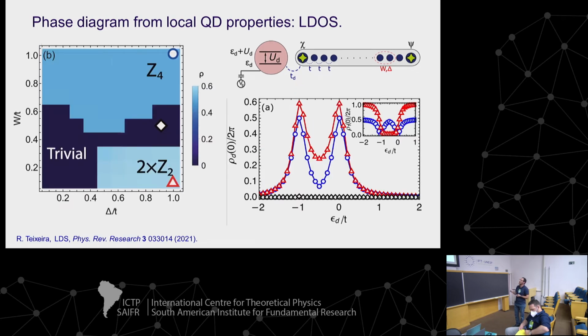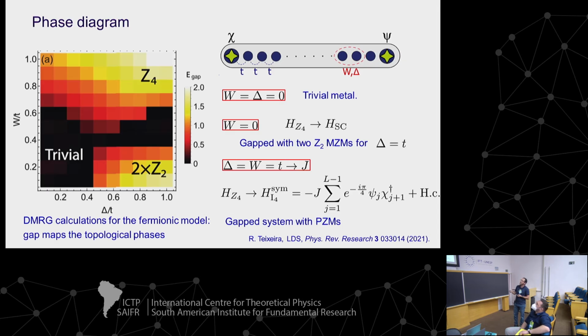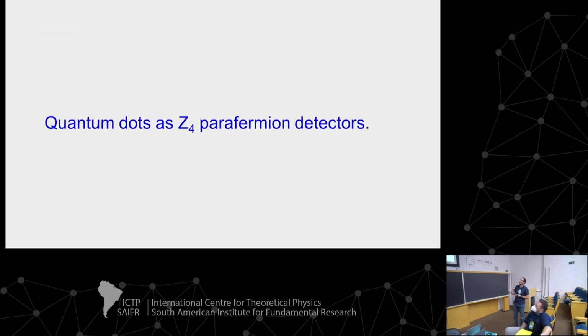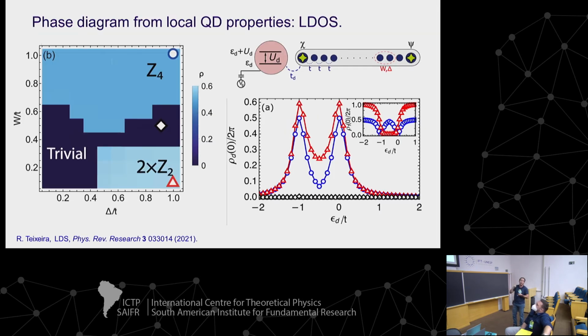And if you do that, you get something that essentially maps the same phase diagram, but just by looking at the local density of states at the dot. Now you have the Z4 phase, which is this blue line here. You have the trivial phase, where essentially you see nothing in the dot at 0 energy, of course, because there's a gap there. And you also have a signature for the 2 times Z2 Majorana phase.